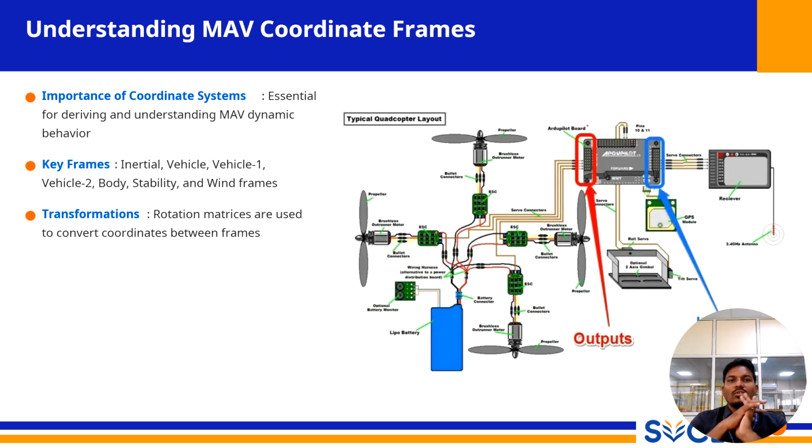The inputs, such as the data from the GPS module, are processed through these coordinate transformations to inform the control algorithm, which then generates the output to the motors. This constant conversion of information between the frames is at the very heart of how an MAV navigates its world.